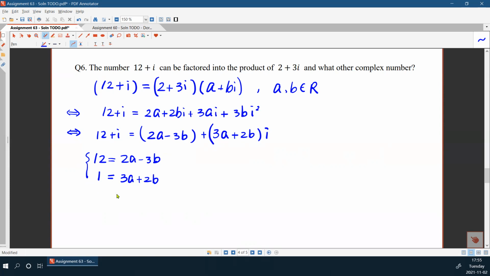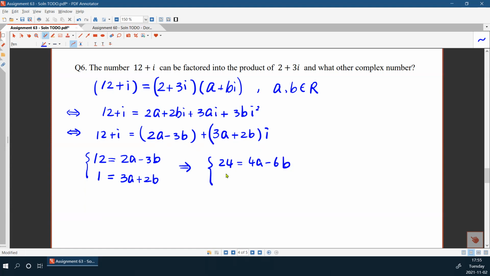So now we need to solve this system of linear equations, right? Which we have already learned how to do. So first of all, the first equation we can multiply both sides by 2, right? So this will give us 24 equals 4a minus 6b.